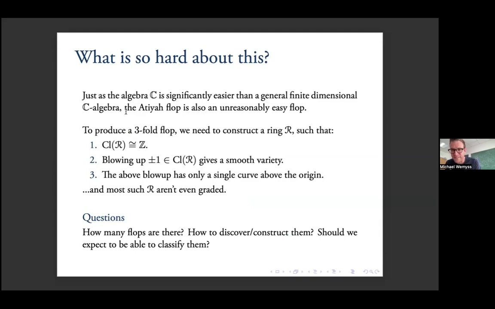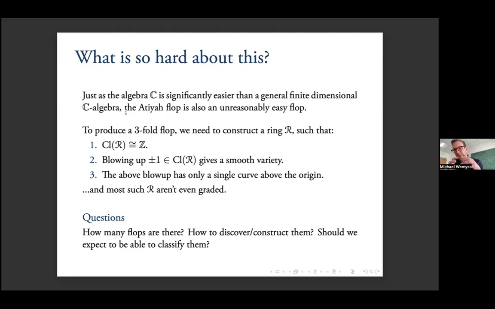The representation theory of the complex numbers is, it turns out, significantly easier than the representation of an arbitrary finite dimensional algebra. And just as that's true in finite dimensional algebras, I'm going to try to make this analogy precise later. The Atiyah flop is an unreasonably easy flop. It is by far the easiest one. And so why is it hard to build these objects?